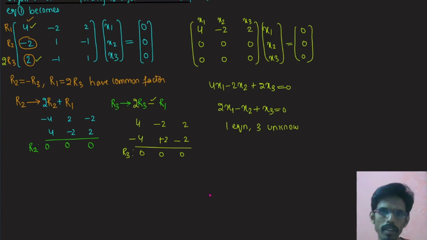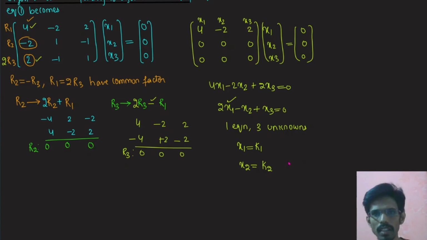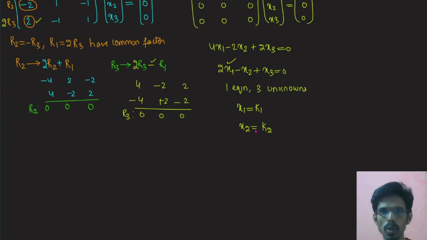Unknowns are x1, x2, x3. So one equation means the other 2 unknowns can be assumed. Let us take the unknown x1 as some k1 and x2 as some k2. I can take x1, x2 or x2, x3 or x3, x1. So I am taking x1, x2 as constants.